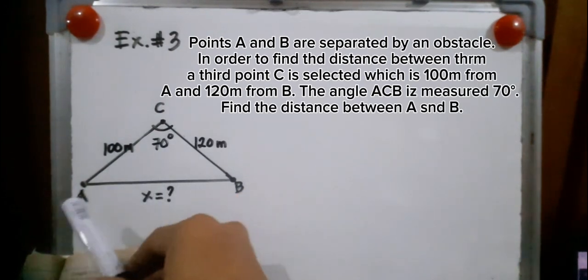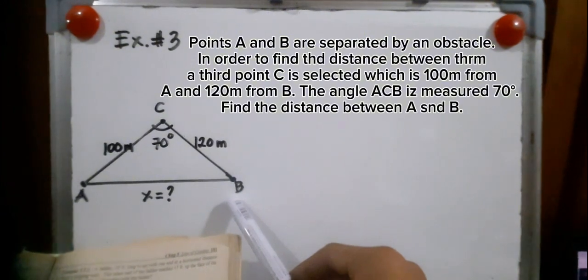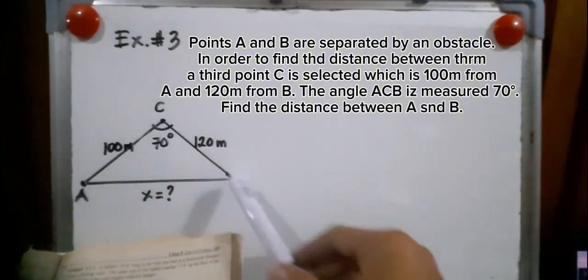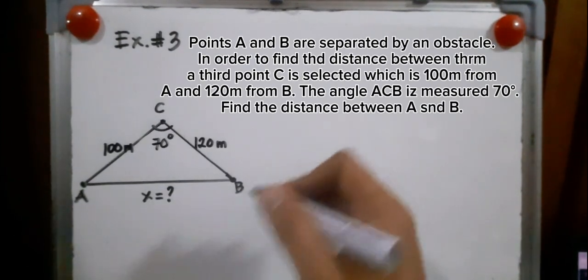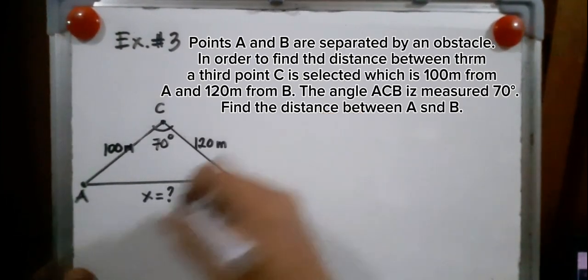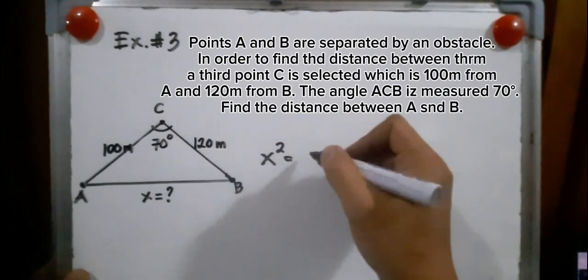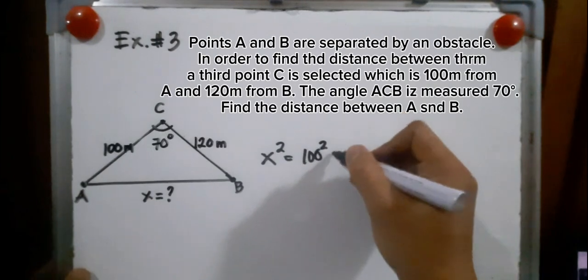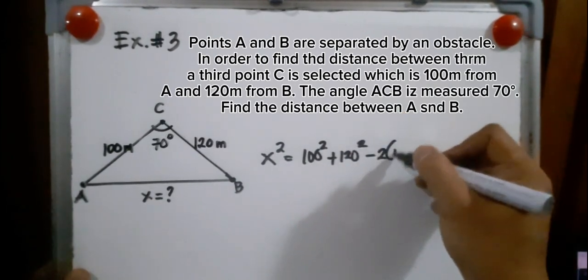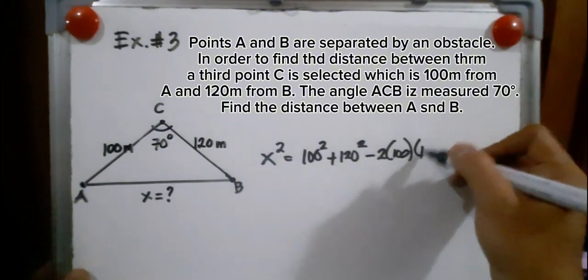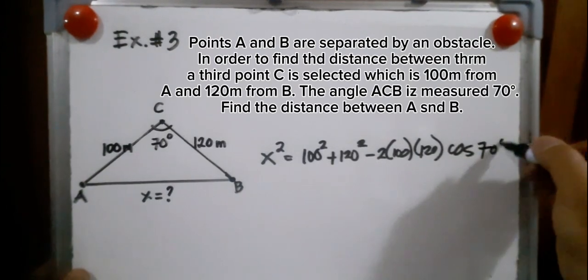Now, let us find the distance between A and B. This is an obtuse triangle, and we'll be using here the cosine law. Okay, for us to obtain x, which is the distance from A to B, we have x squared equal to 100 squared plus 120 squared minus 2 times 100 times 120 times the cosine of 70 degrees.